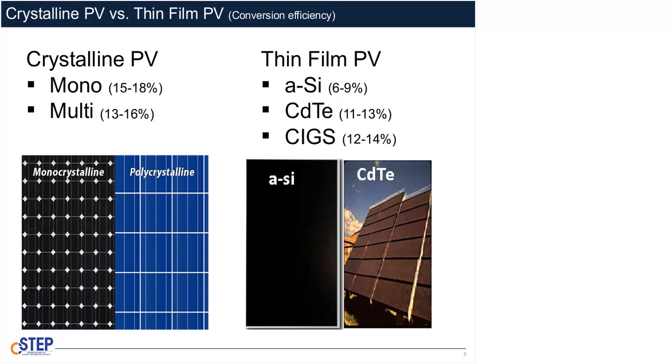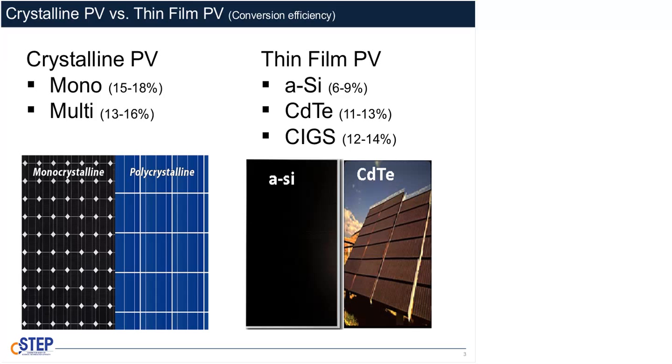Now, talking about the disadvantages, thin film has some, because as we have already discussed, the efficiencies of thin films are far lower, and this lower efficiency leads to the large area requirement for the same watt capacity, for the same installed capacity.